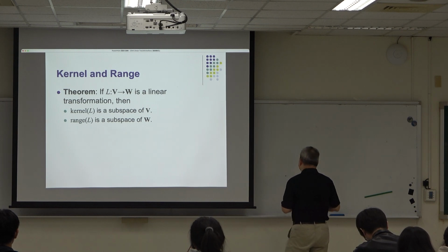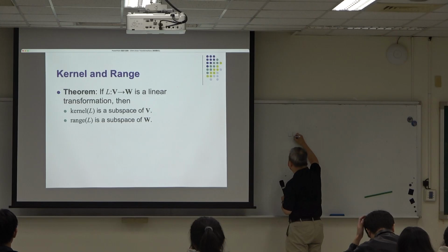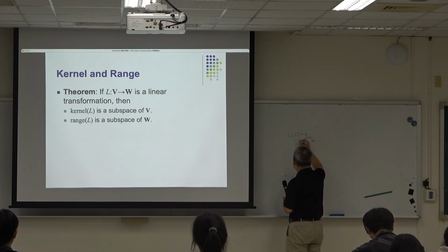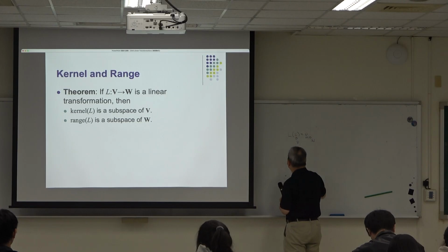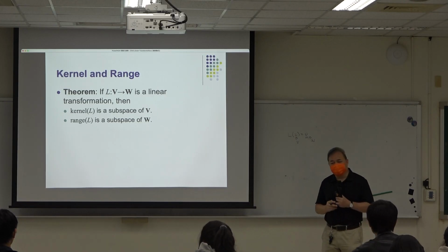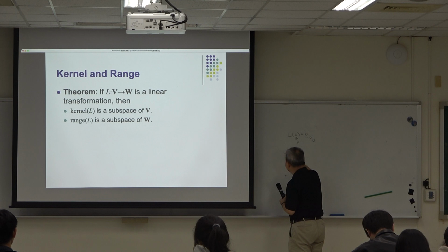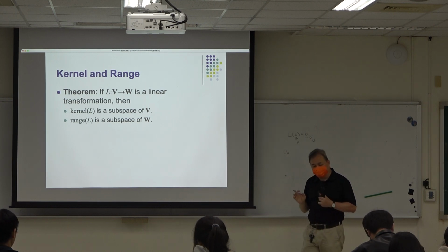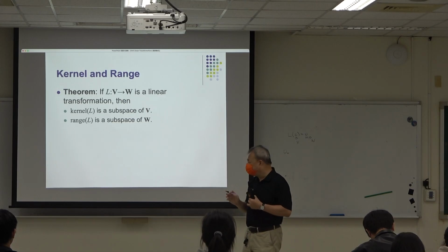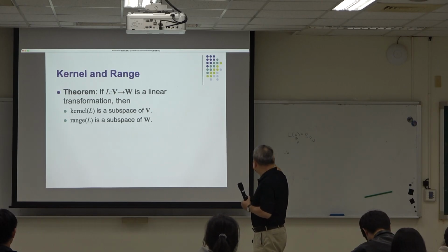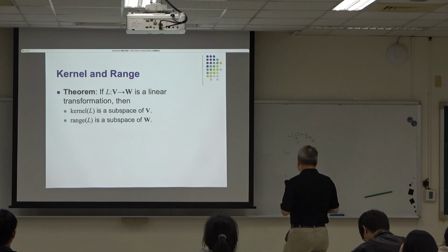Another very handy thing is L(0). The 0 in the vector space W must belong to the range of L, because we have something that was mapped to this.